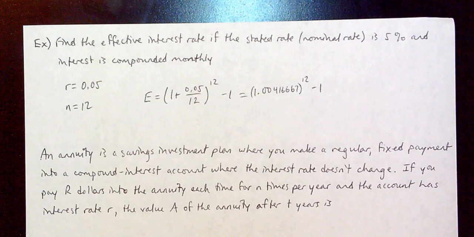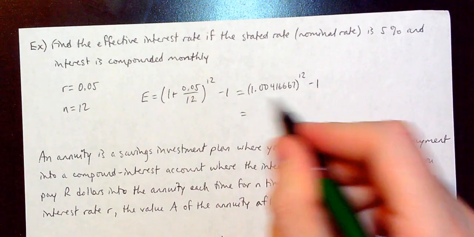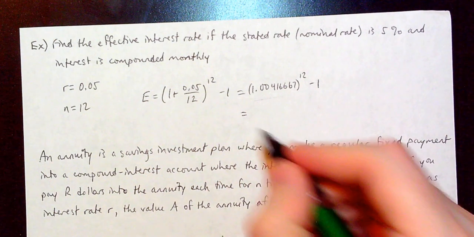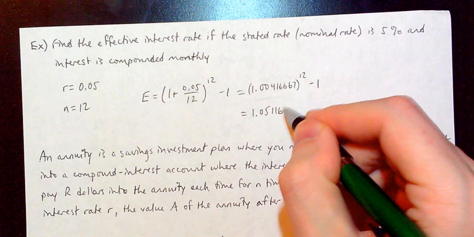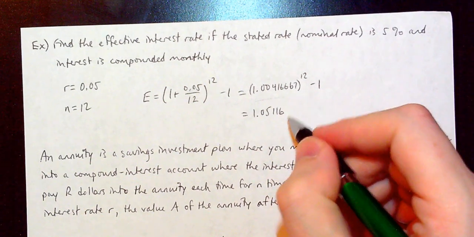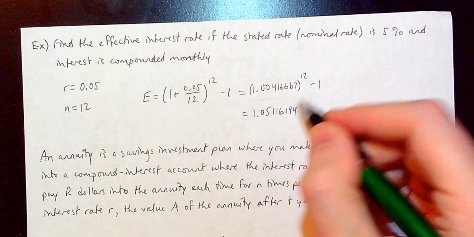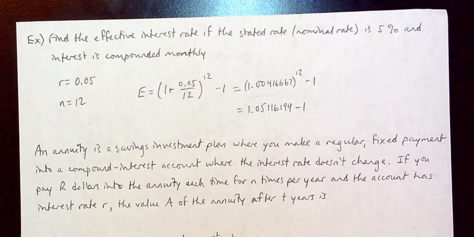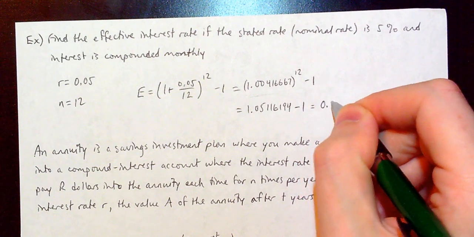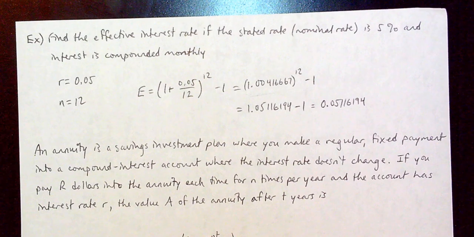When we do this calculation, we're going to get 1.05116, somewhere very close to that. The full list of numbers that I can see on my calculator is as such. And then I still have that minus 1. And that's going to leave 0.05116194.